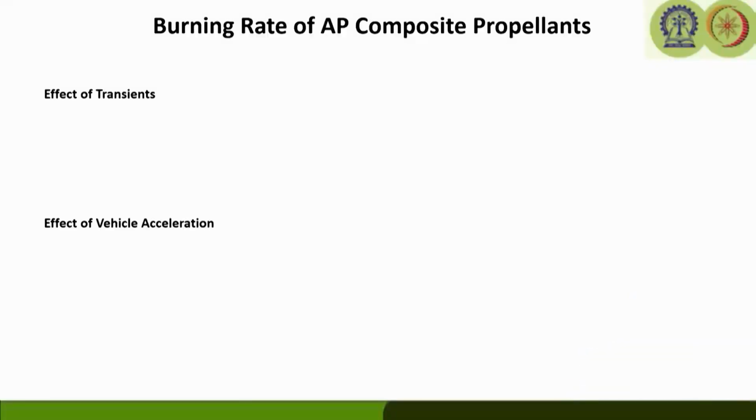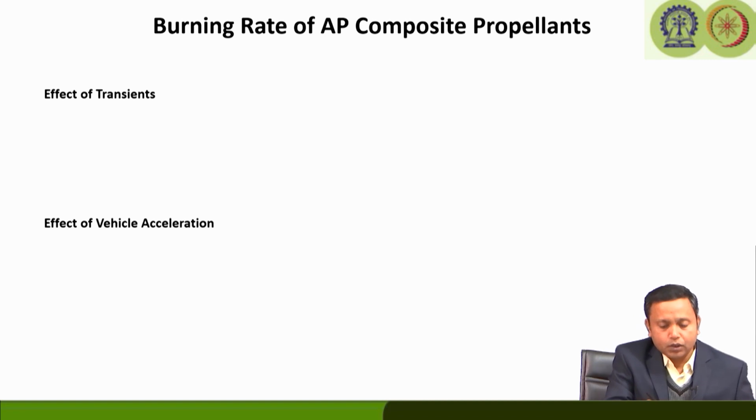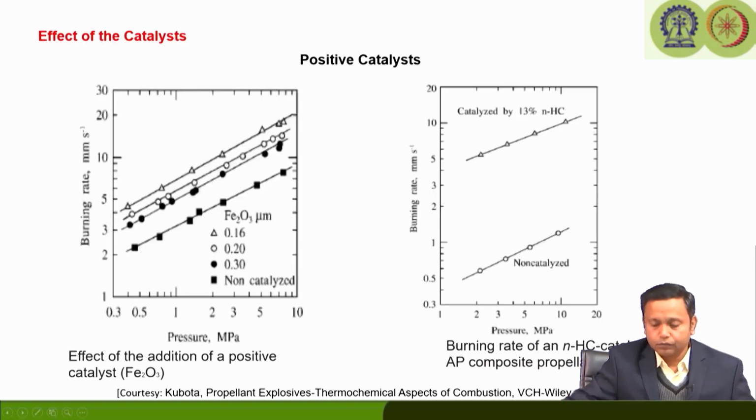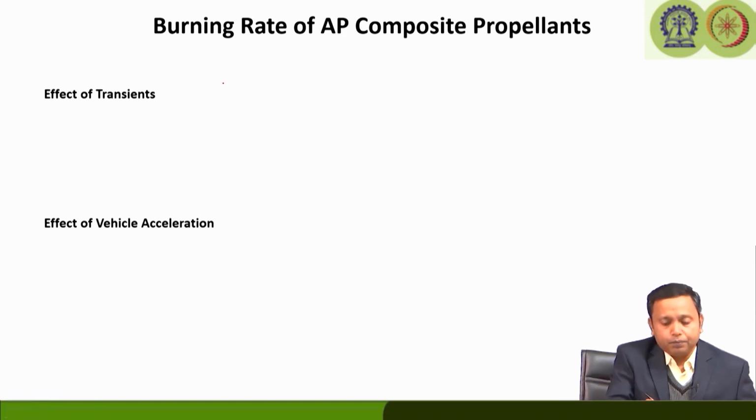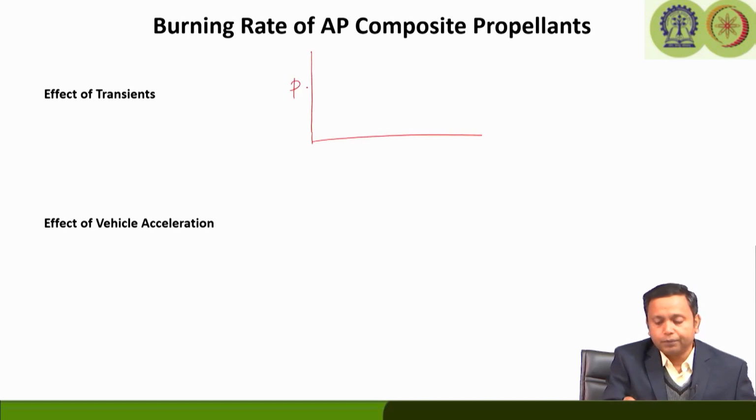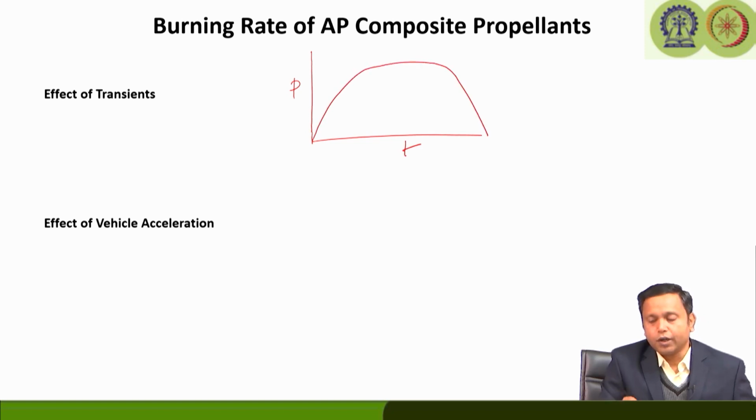effect of transients. What we have just said is that during the operation of a rocket engine, the pressure may not remain steady. If you recall the pressure-time curve, it may change, then remain at equilibrium, and then tail off.